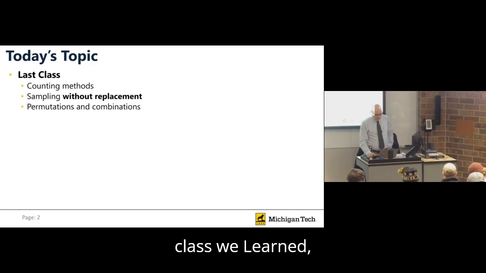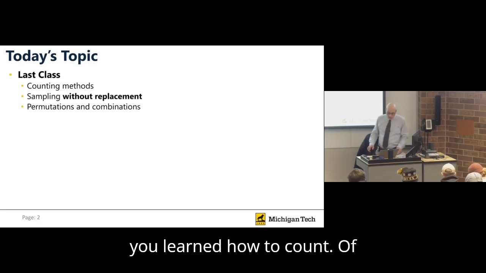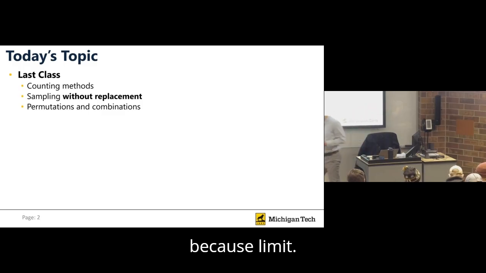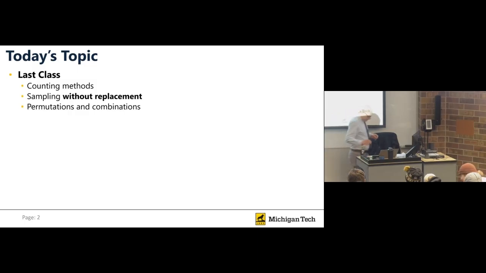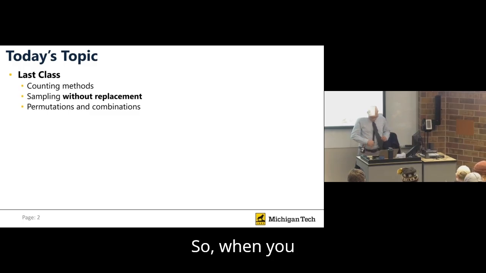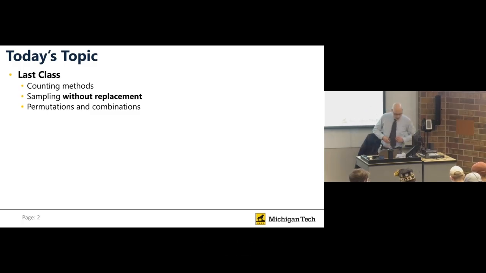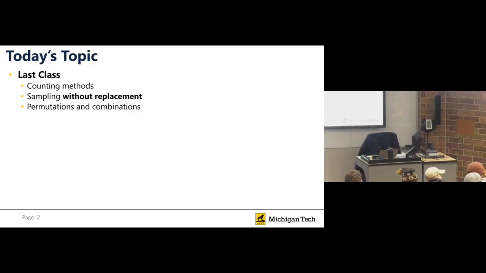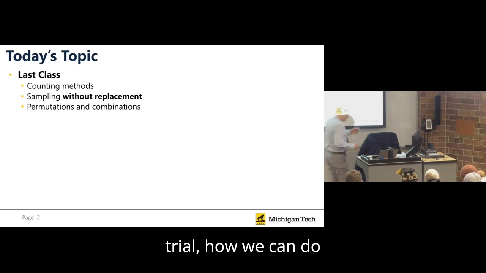Last class you learned how to count. Of course, you know how to count, but sometimes this counting gets complex because it's not limited. We talked about sampling: when you have a bunch of items to select, to sample, how can we do that?